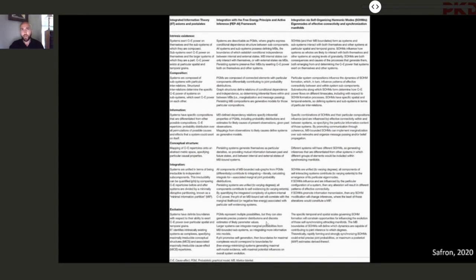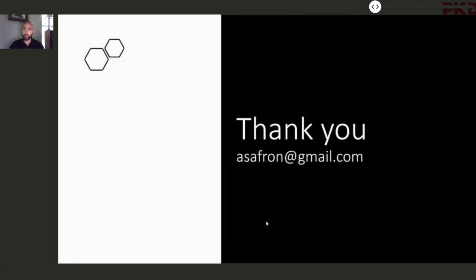And finally, I'm trying to further describe correspondences between integrated information theory and the free energy principle, with synchronous complexes potentially providing bridging principles. So that's what I'm working on at the moment.